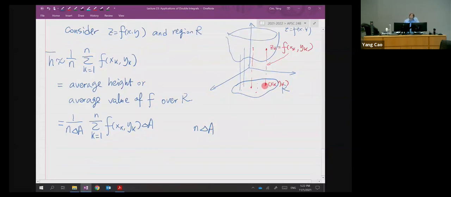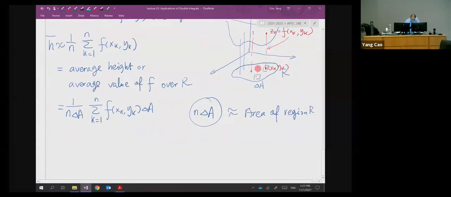Delta A is a small area associated with each one of the locations. Then n times delta A will be approximately the area of the region R.